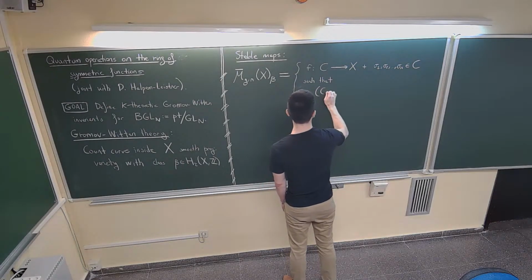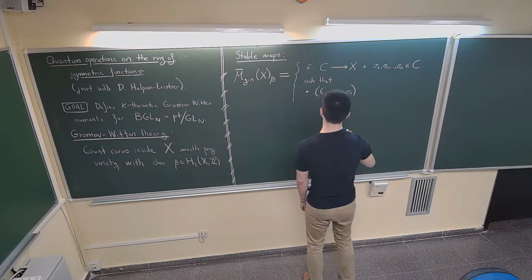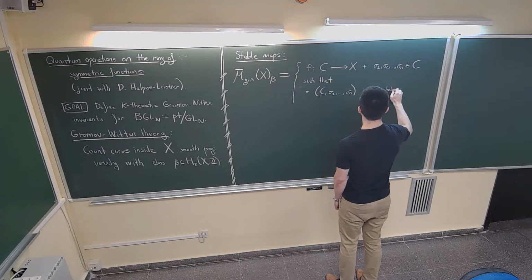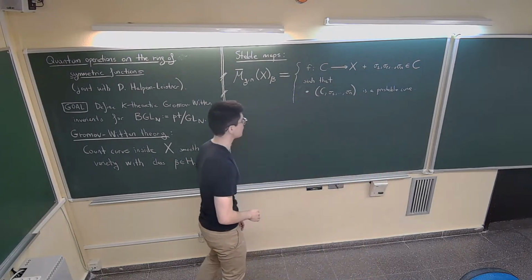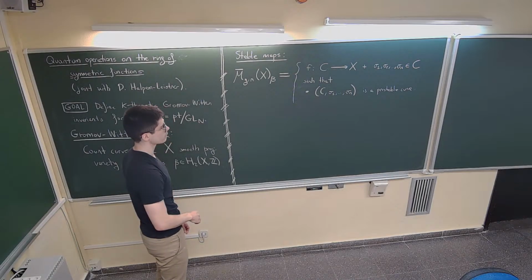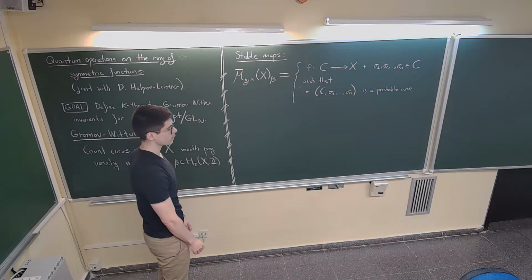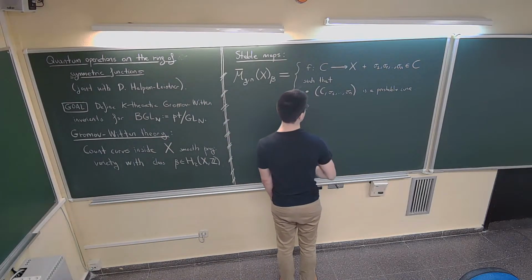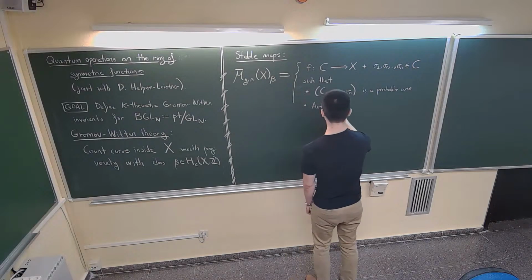First, C together with these markings is a connected, stable curve. The markings don't intersect each other, they are distinct, and they lie in the smooth locus of the curve. And then the automorphisms of this morphism with the markings are finite.